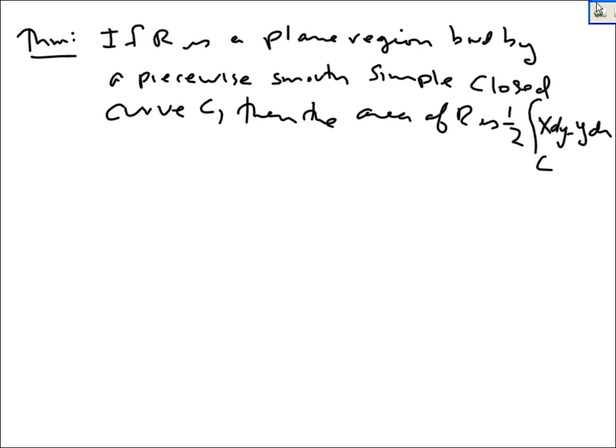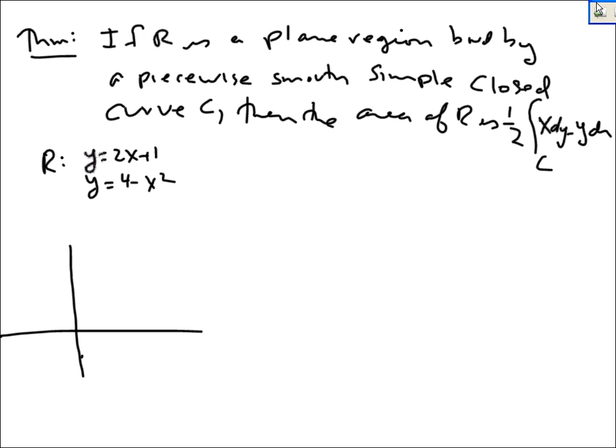Now, in our problem, you are told that R is the region in between y equals 2x plus 1 and y equals 4 minus x squared. Well, 4 minus x squared, it looks like this, and y equals 2x plus 1 looks like that.